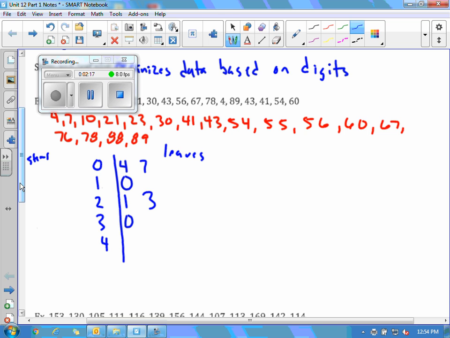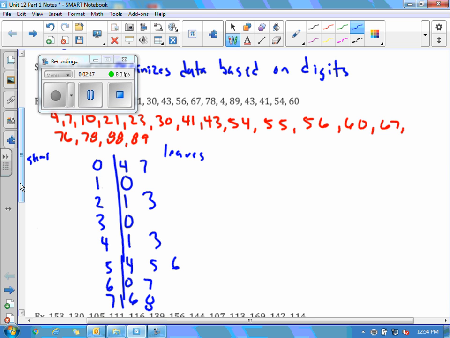For my 40s, I have 41 and 43. For the 50s, I have 54, 55, and 56. For the 60s, I have 60 and 67. For the 70s, I have 76 and 78.